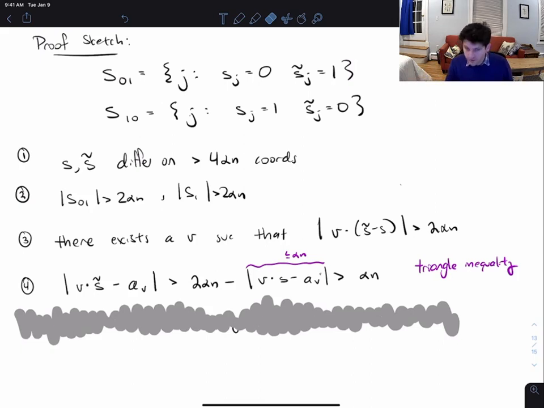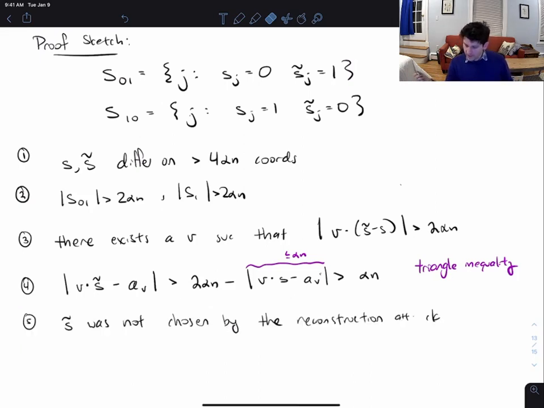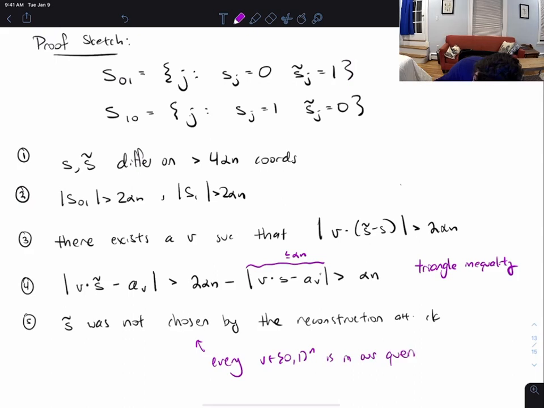All right, so if that's the case, that means there's some v that was in our set of queries, because every vector v in 0, 1 to the n is in our queries.